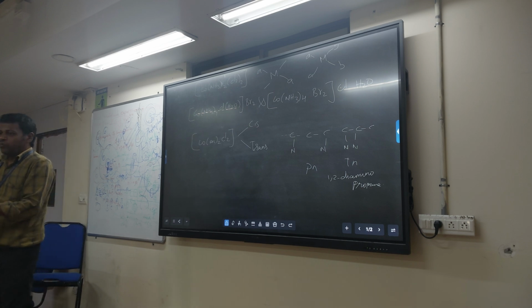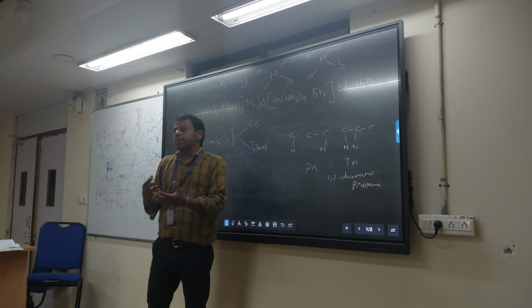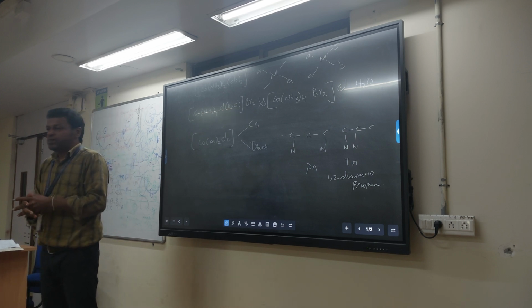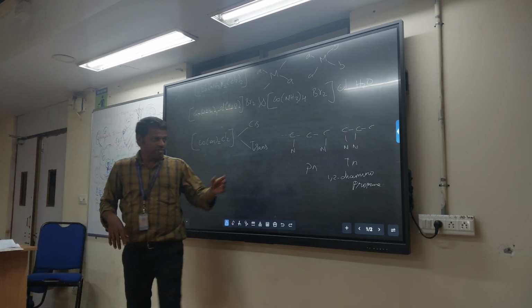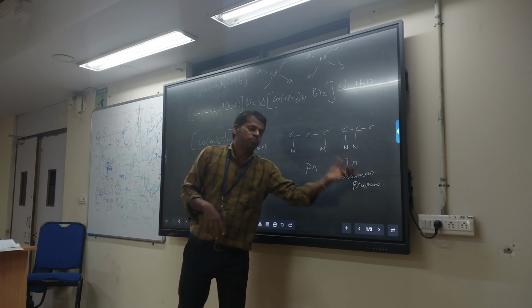Octahedral means what? Oh. Oh is not a short form of octahedral, that is group carrying. Similarly, pn, tn, en. En is not a simplified form of ethylene diamine. Similarly, tn means 1,2 diaminopropane.